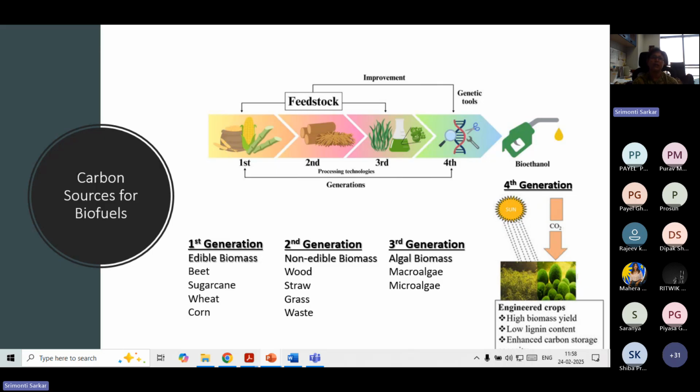When they grow quickly, they utilize atmospheric carbon dioxide and convert it into biomass. So during this quick conversion of carbon dioxide, you reduce greenhouse gases, and at the same time, you produce a lot more biomass in a shorter amount of time. So this is the idea behind using genetic engineering to create high biomass yield.